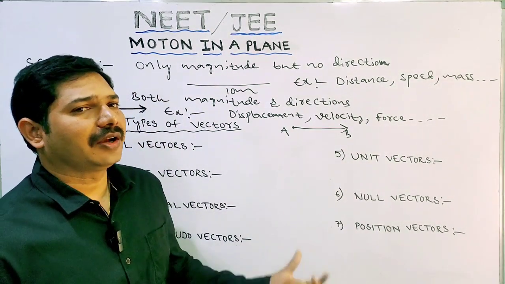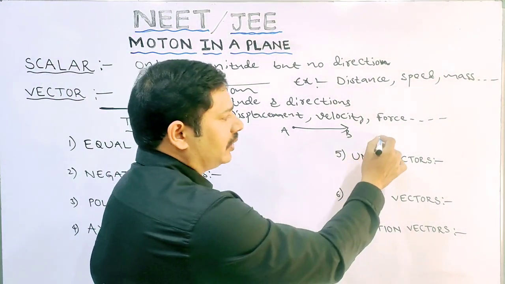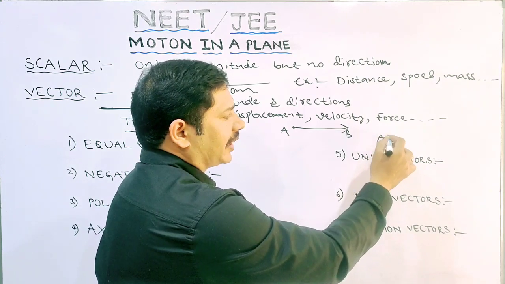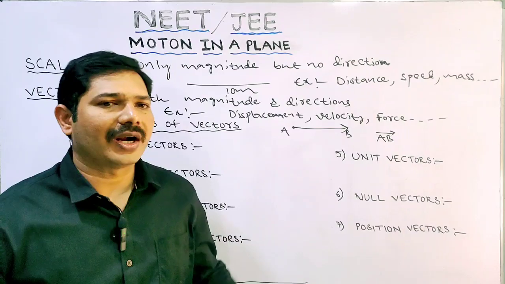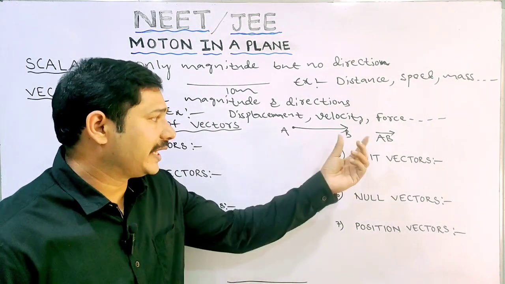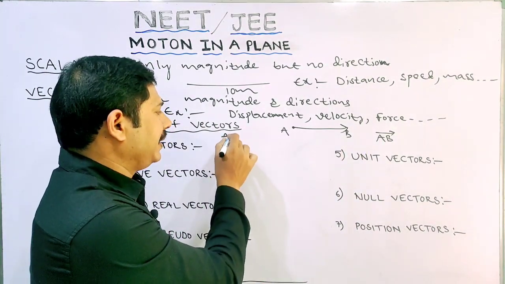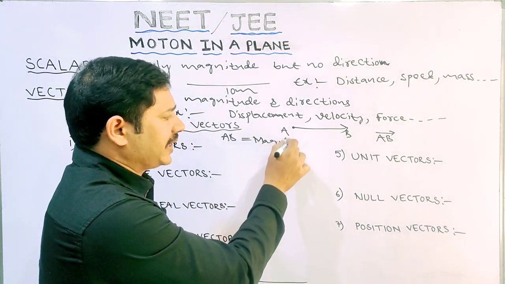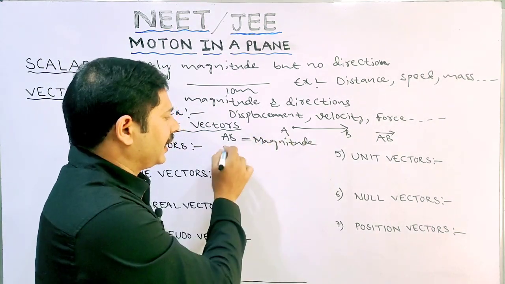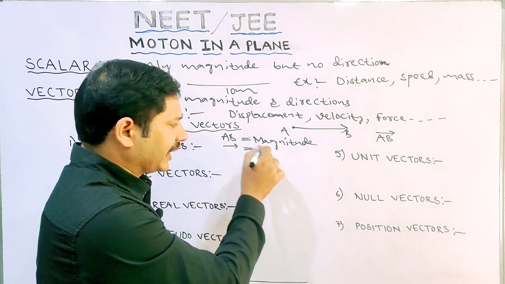So we call this AB vector. AB indicates magnitude, and the arrow mark indicates direction.